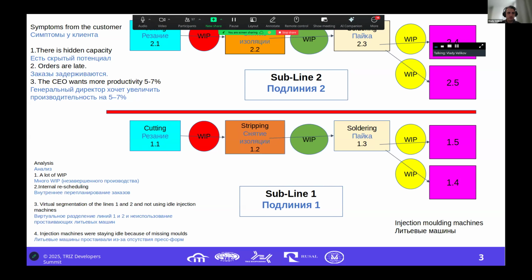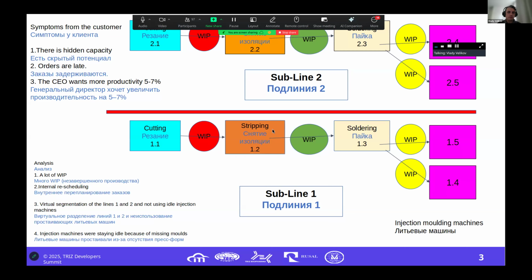This is a very fast machine. After that, they have this WIP. This is work in progress, a lot of cut pieces of cable waiting for the next operation.